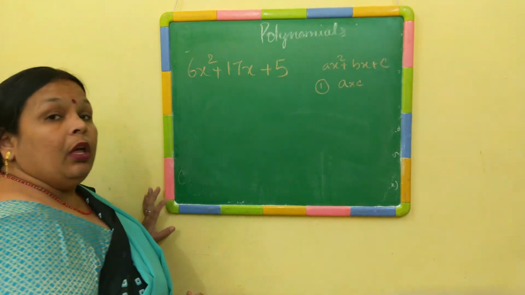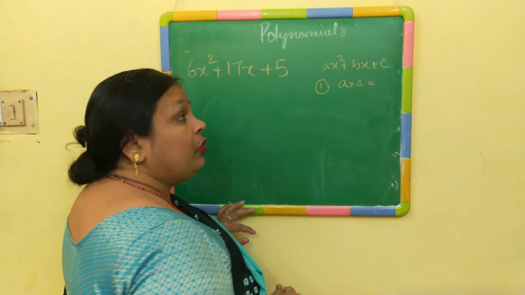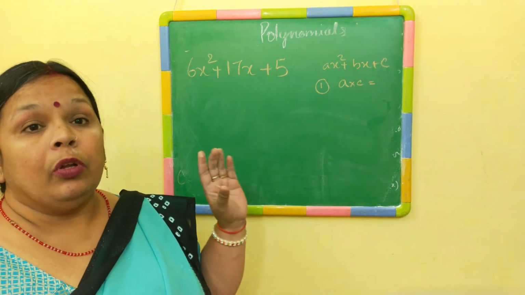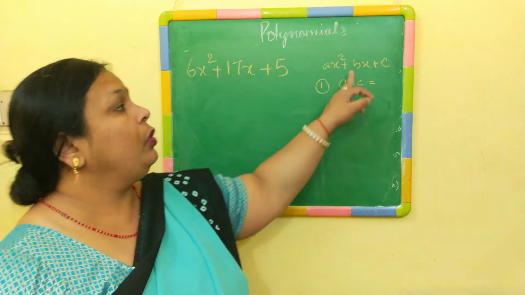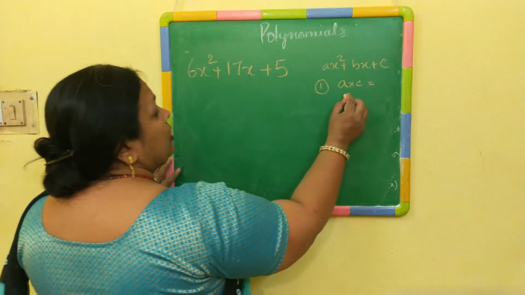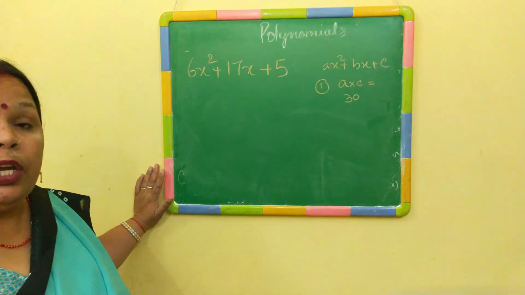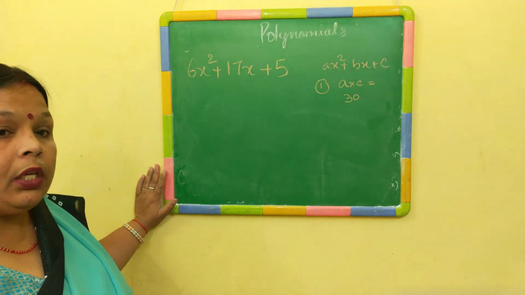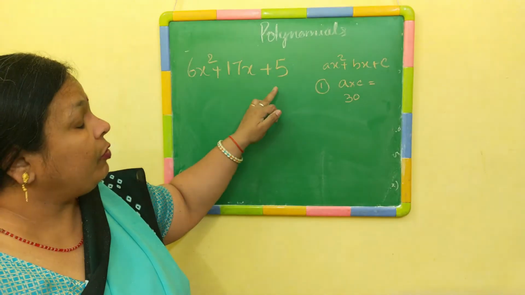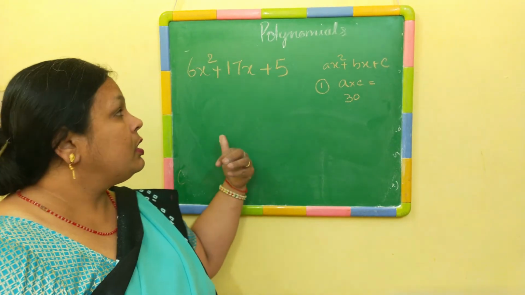Then you find factors of that product in such a combination that you get the value b. Here 6 5s are 30. We need factors whose multiplication is 30 and whose addition or subtraction is 17.